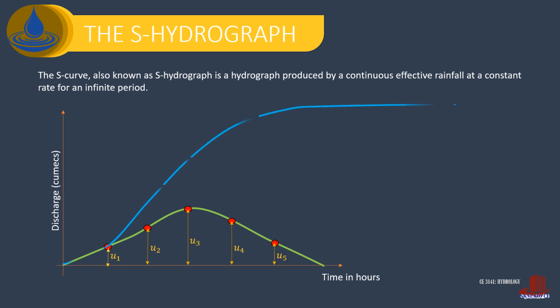These coordinates are used to derive the S-curve, using the cumulative unit hydrograph coordinates. This is like adding U1 to U2. Then, the succeeding coordinate consists of U3 with the accumulated previous coordinates U1 plus U2. The next coordinate adds the cumulative U1, U2, and U3 to U4.